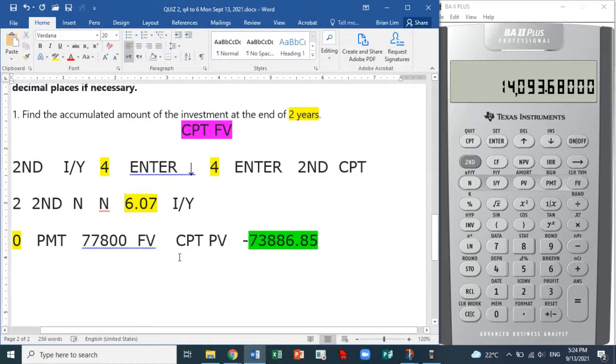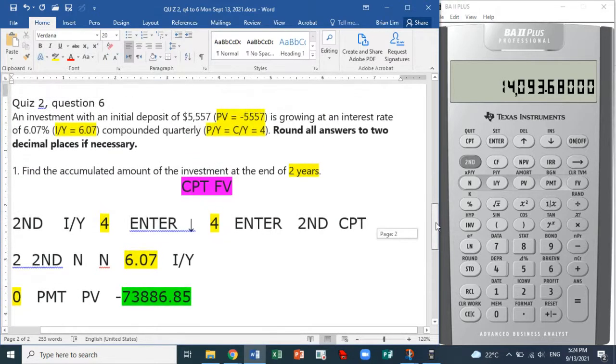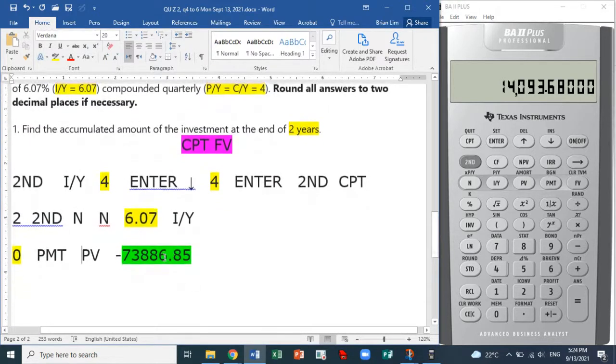We are computing the future value. So we will have a number for the present value. So let's delete that. The present value is 5557. So let's take this out, delete it, 5557. Okay, so that's how we will put that in there.